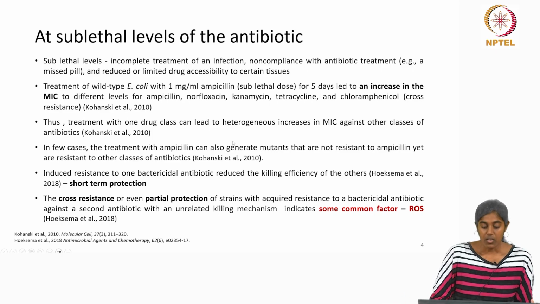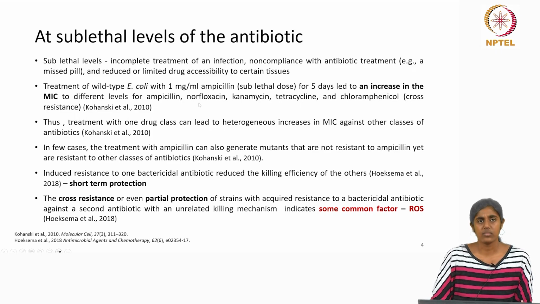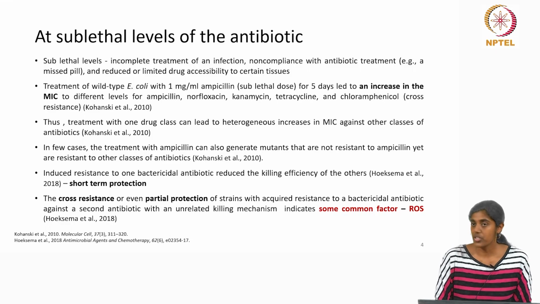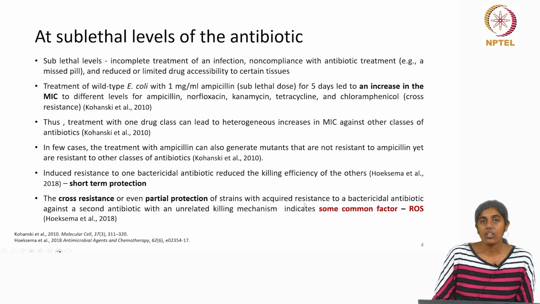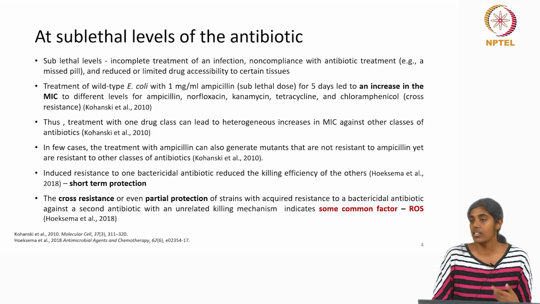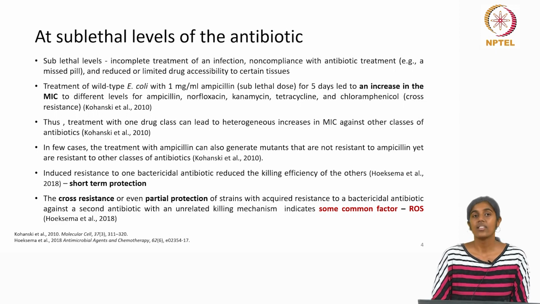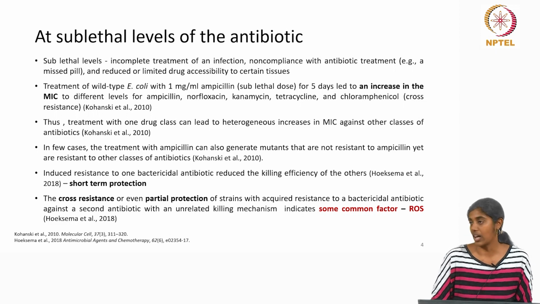Some studies have shown short-term protection, whereas in other studies, long-term protection has been observed even after the removal of these antibiotics. So even though we treat the strain with one antibiotic and it shows resistance to multiple antibiotics, there is again some common factor happening.